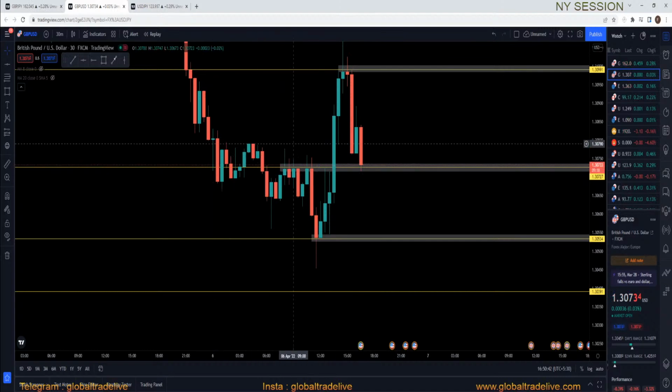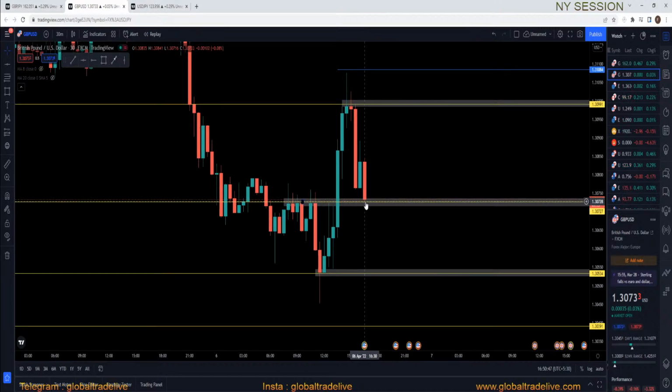Because this whole area over here is a consolidation zone, so we might expect some resistance in this area.